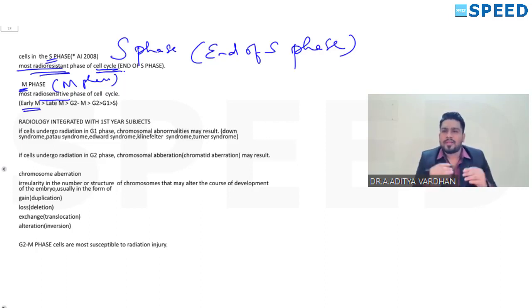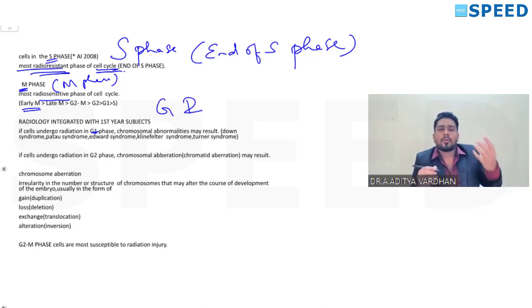Now it's going to be a little bit interesting for you. I have integrated radiology with all the first year subjects, and let's crack this: genetics from anatomy, physiology and biochemistry. If a cell undergoes radiation, X-ray, CT scan, while the cells are in G1 phase, the cells will have chromosomal abnormalities like trisomies.